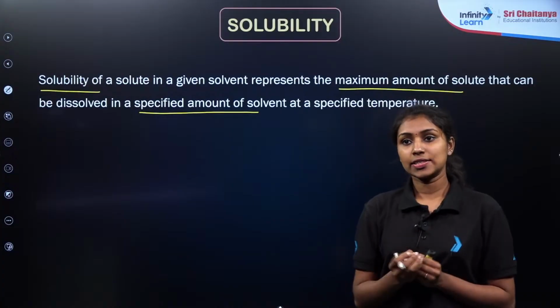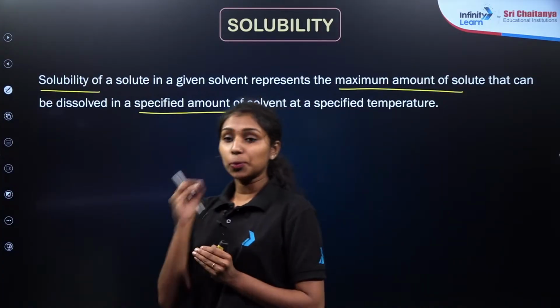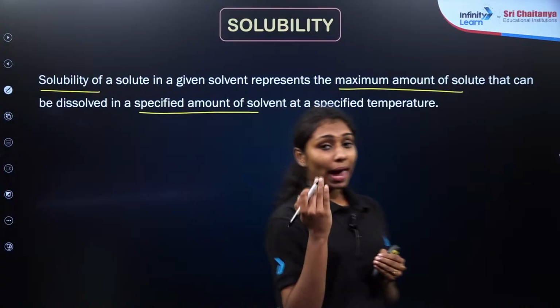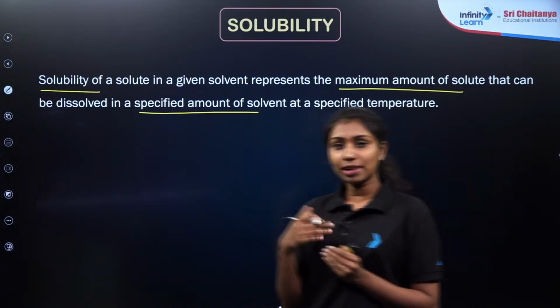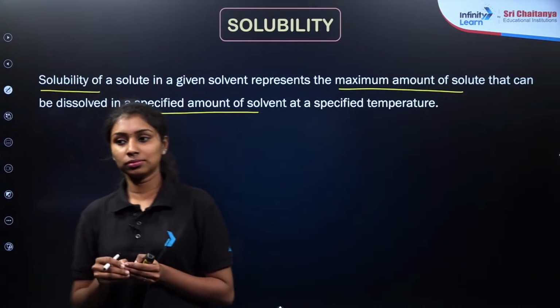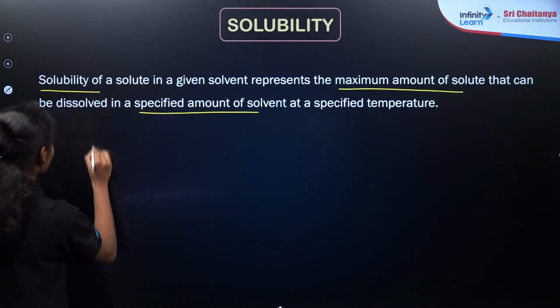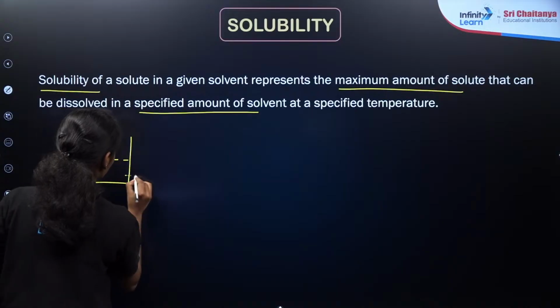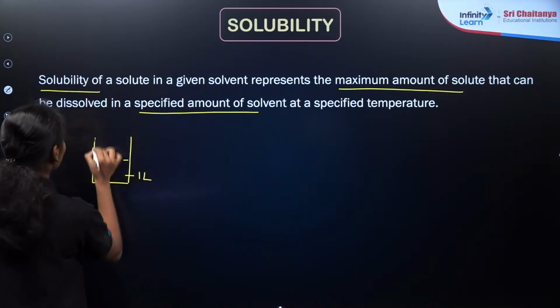Clear? So this is the definition for the solubility of solutions. So what will happen to a solution if I am adding more solute to the solution? What will happen? Any idea? Let's say I am taking a beaker here. This is a specified amount of solvent, for example, taken as 1 liter.